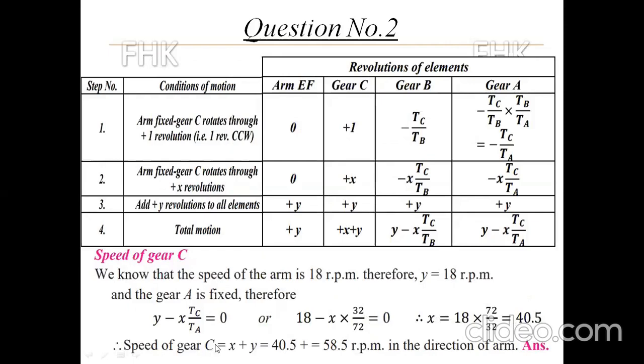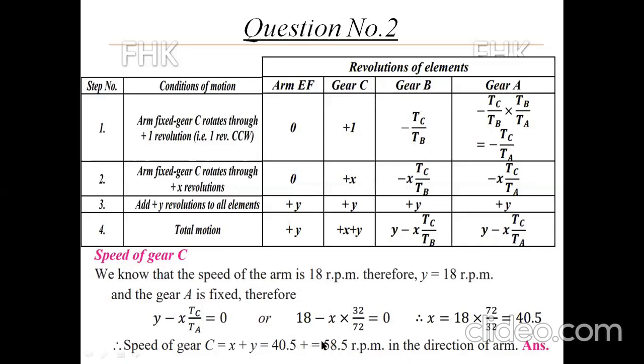So the speed of gear C is X plus Y, which is 40.5 plus 18, given here. Adding these, we get 58.5 RPM.